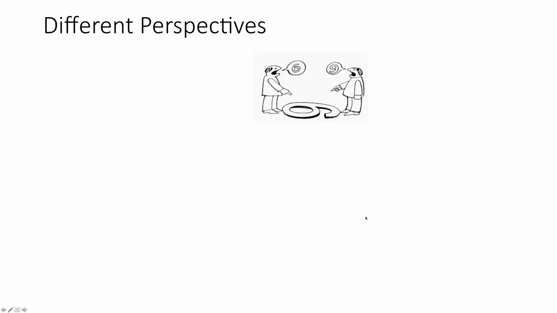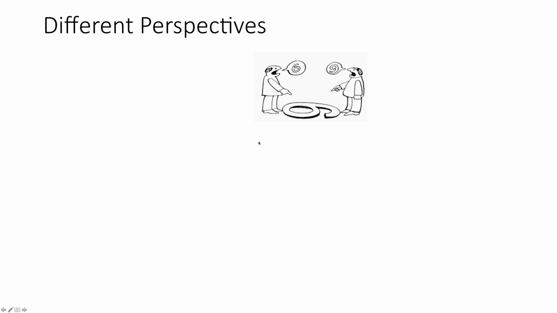For example, if you look at this figure, the person to the left sees it as a 6, and the person to the right sees it as 9. They're having different viewpoints because they are looking at it from different positions, different perspectives.